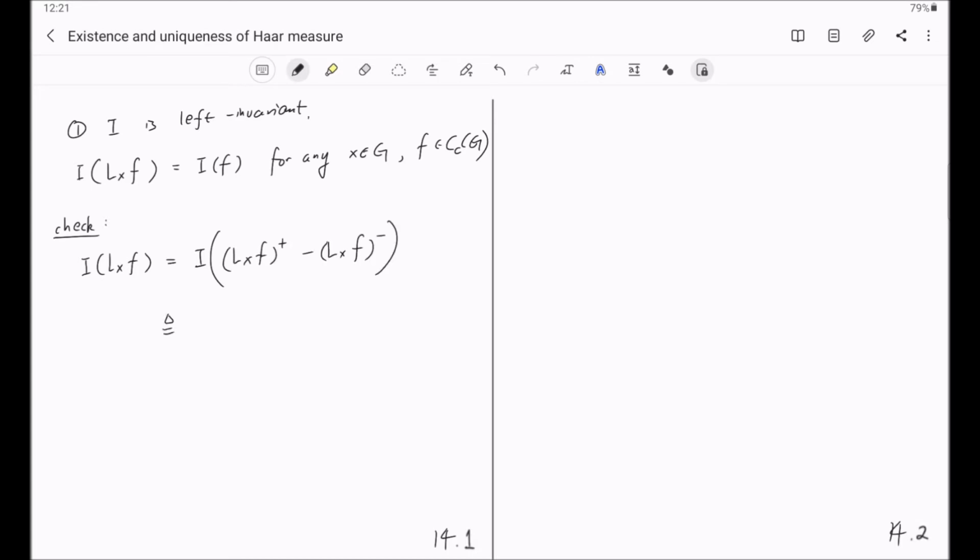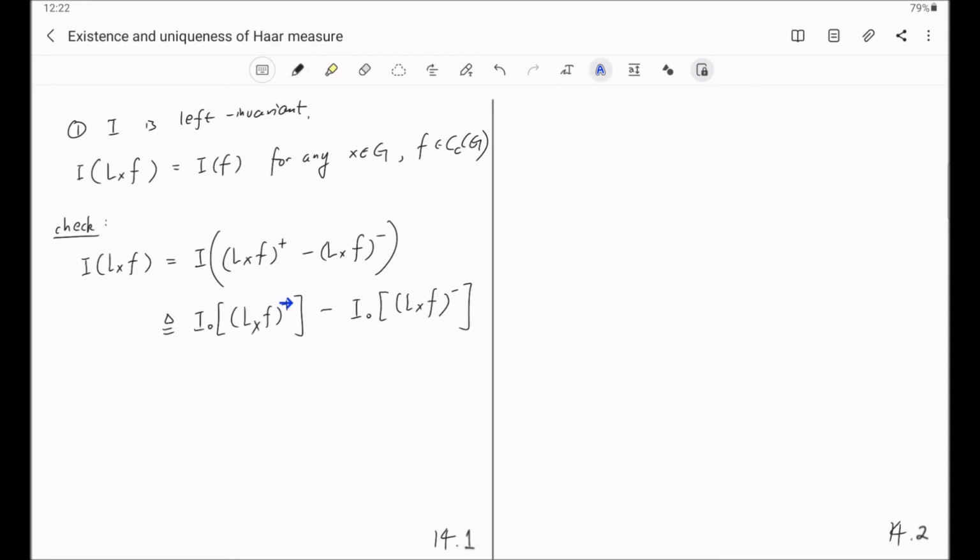And by the definition of I, the extension of I0 to I, this is equal to I0 of the positive part minus I0 of the negative part.